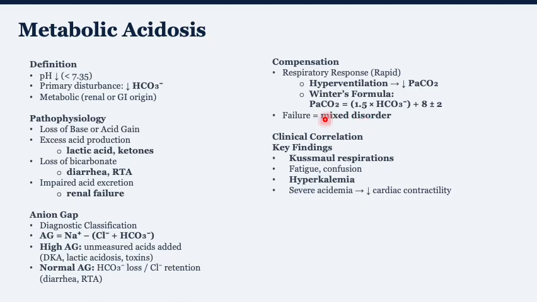This can also be calculated through a formula called the Winter's formula, which is the partial pressure of carbon dioxide equals 1.5 times the bicarbonate plus 8 plus or minus 2. And I'm going to explain this in a case a little bit later.